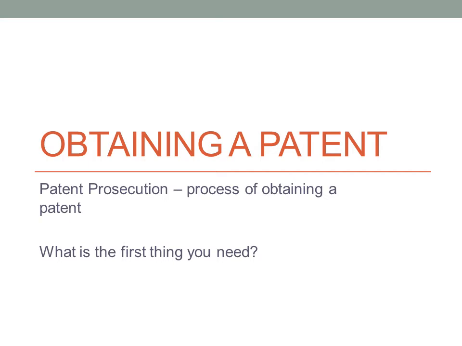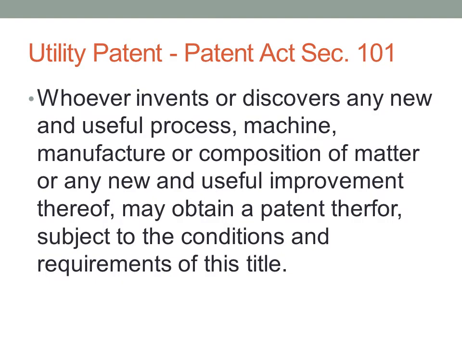So this is what we're talking about, a utility patent. Whoever invents or discovers any new or useful process, machine. Let me click to my next slide so you can follow along. Utility patent, this is what we're talking about. When you get one, you have to have all of these elements.